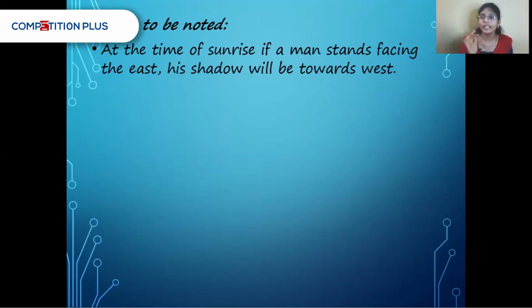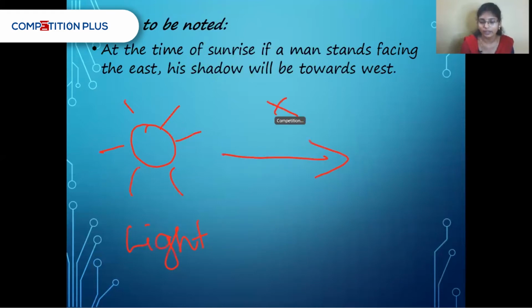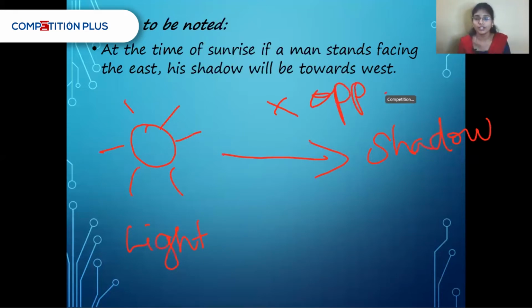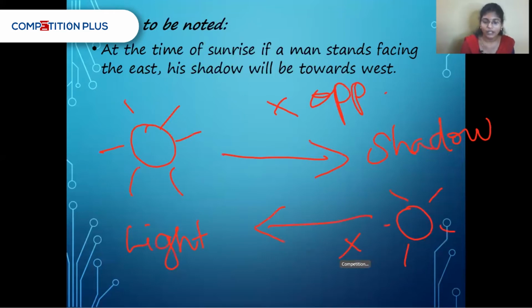Always remember that if there is a light source on one side, on the opposite side you will have the shadow. If your light is here, then on its opposite side you will have the shadow. So remember that the light source and the shadows are formed in opposite directions.